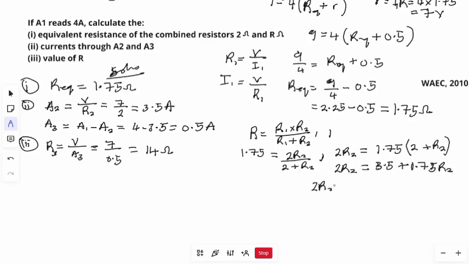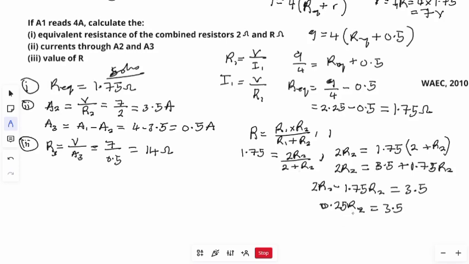So you collect like terms, that's 2R2 minus, when you bring this one over, minus 1.75 R2 equals 3.5. So 2 minus 1.75 will give you 0.25. So you have here 0.25 R2 equals 3.5.